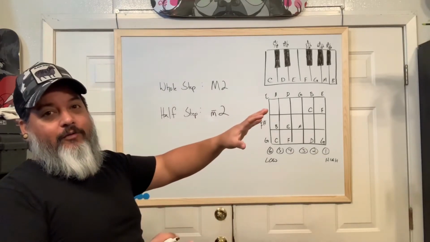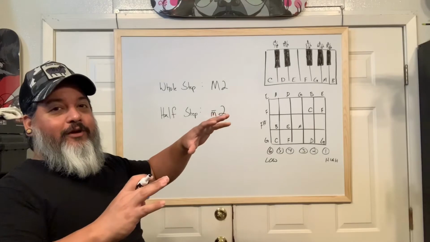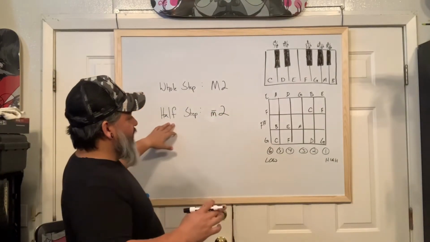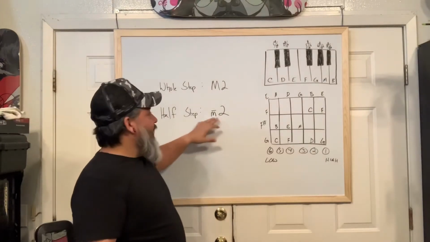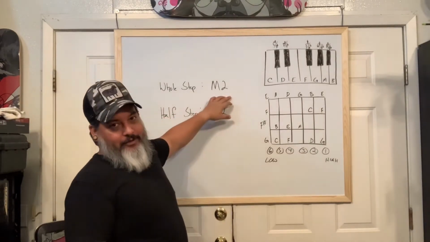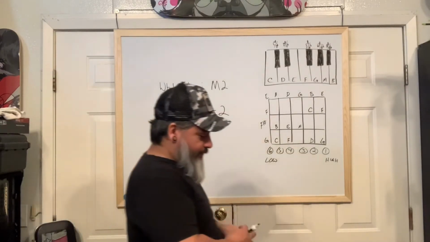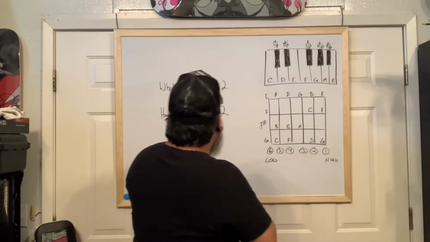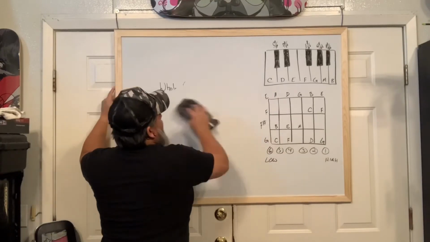It's going to go on for a while, but for right now, we're only trying to learn minor second and major second. So if it's a half step, it's going to be a minor second, and if it's a whole step, it's going to be a major second. Now, let's try to do that with some examples.